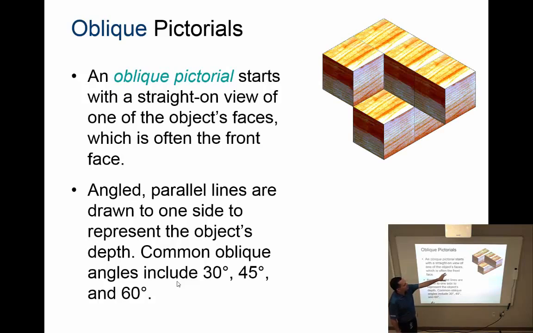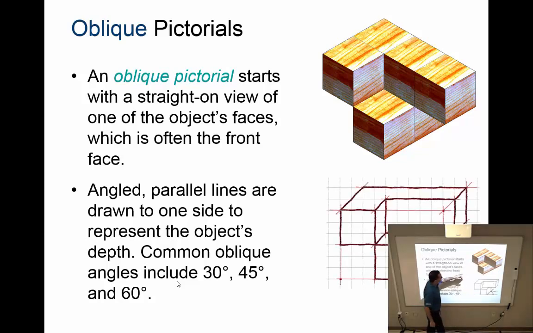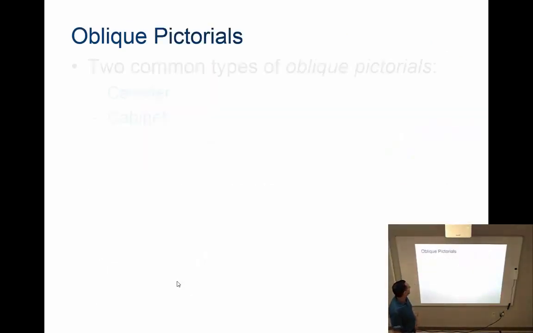So if this is the object that we wanted to draw, I have the front view that I would identify first. So this surface, and these two blocks I draw flat, and then everything else gets projected back or pulled back at, in this case, a 45-degree angle to represent depth for this object.